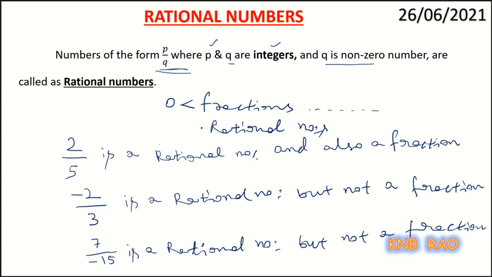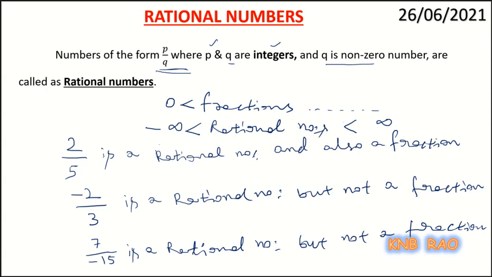0, it can be in between the biggest positive number and the smallest negative number. Means rational numbers lie between the negative numbers and positive numbers.